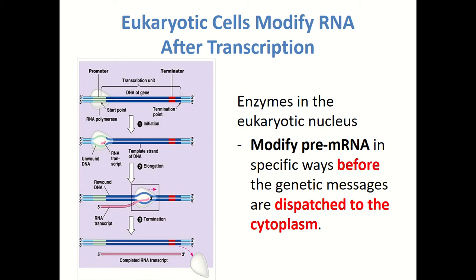So what will happen? The complete RNA transcript that has been transcribed during the transcription process in the nucleus of eukaryotic cells, the eukaryotic cell will modify it after transcription before releasing it to the cytoplasm.